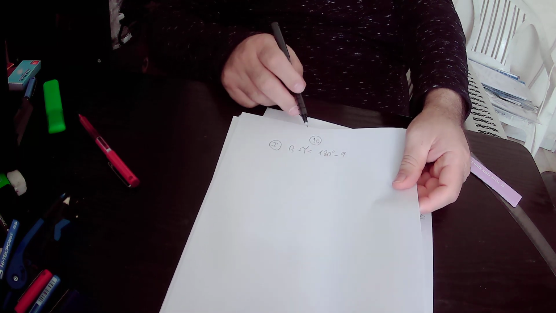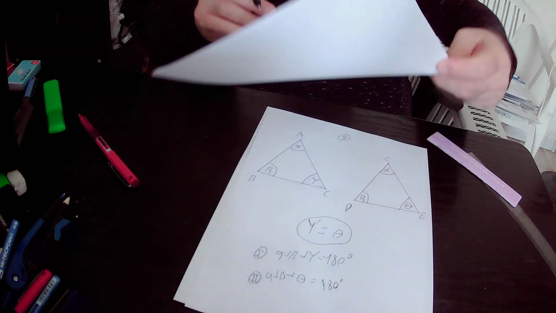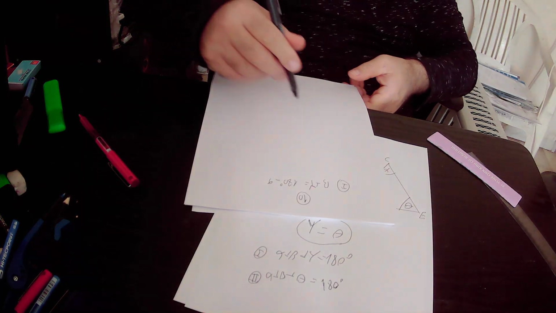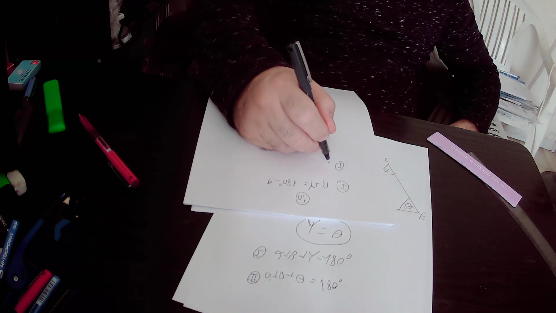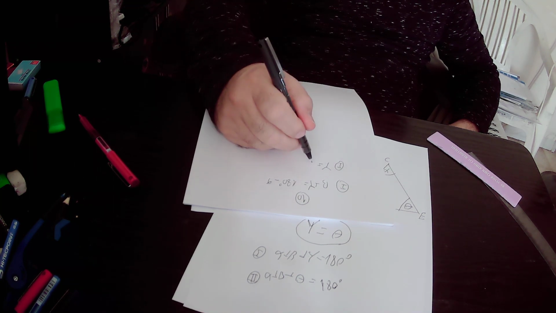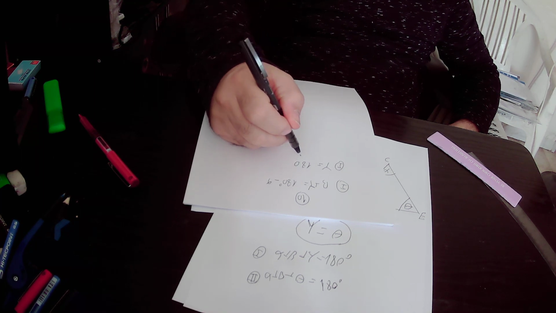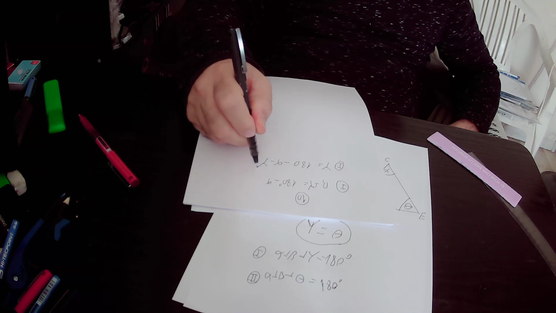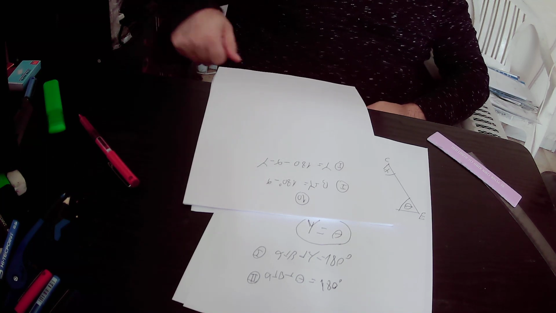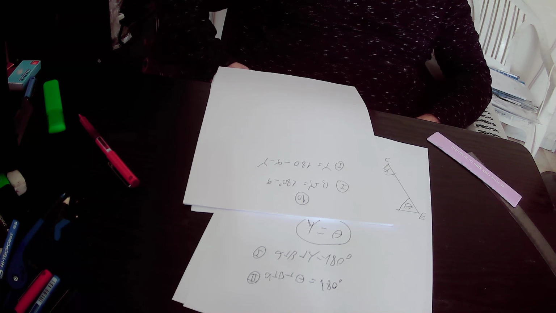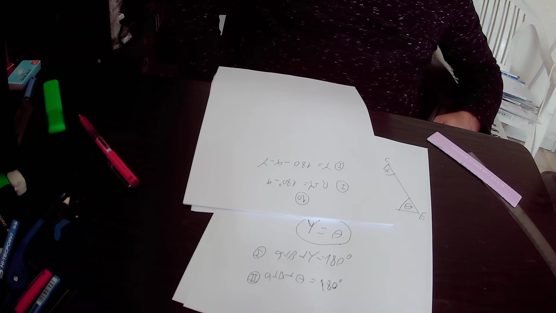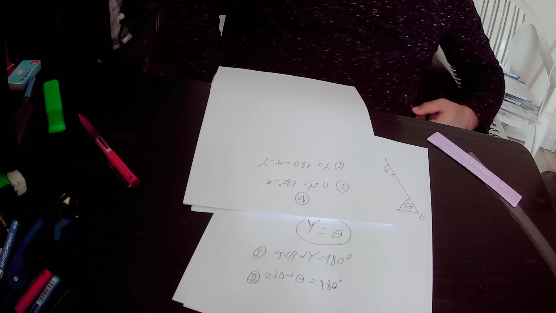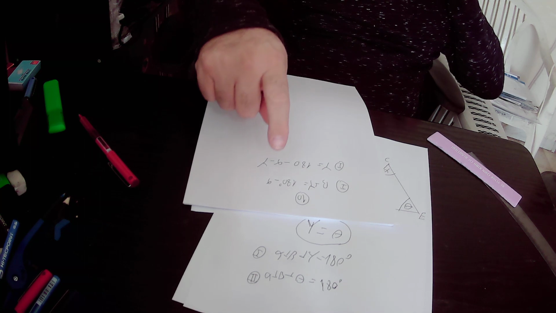Then we subtract beta from equation number 1, and we will get that angle gamma equals 180 degrees minus alpha minus beta. We repeat the same process on equation number 2.